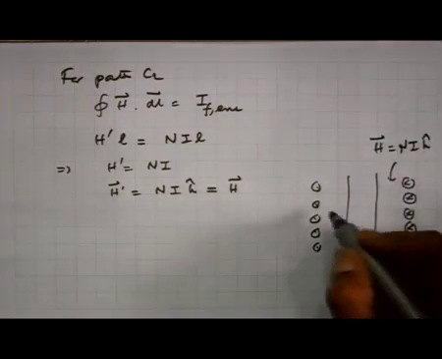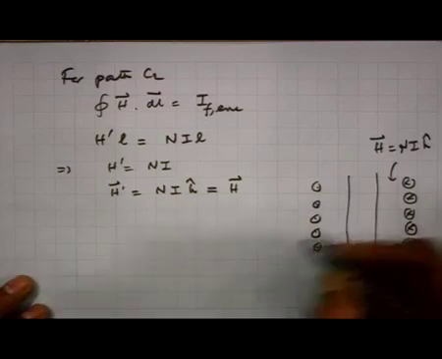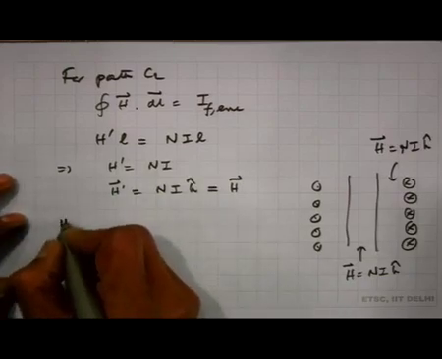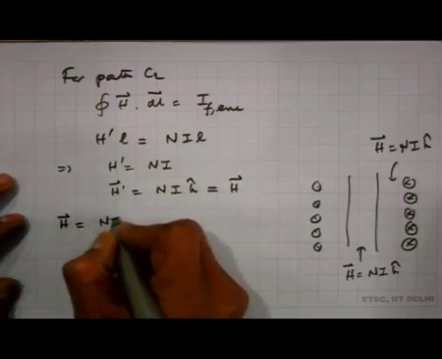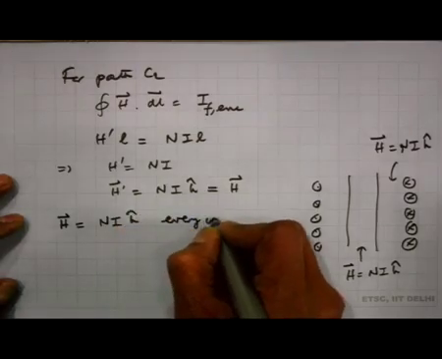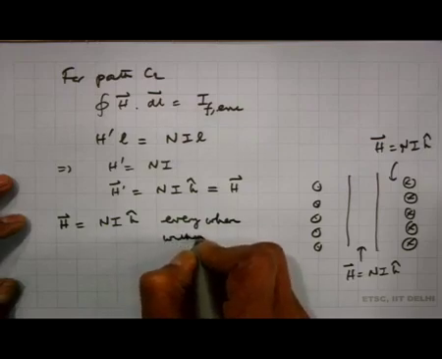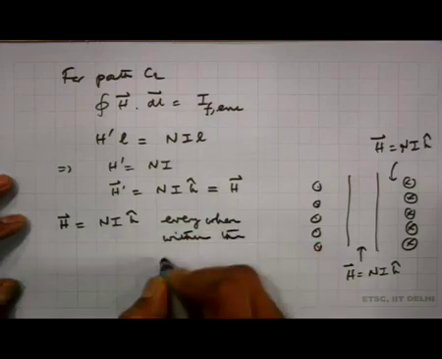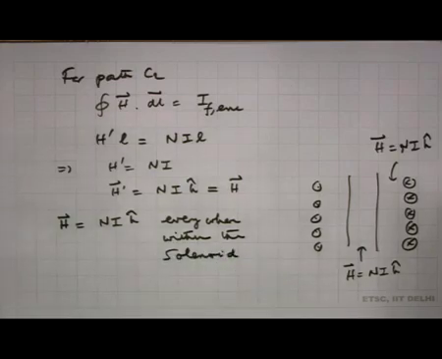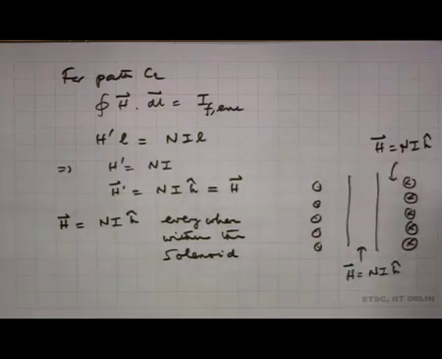So, H is the same throughout the region within the solenoid, and of course, H is 0 outside. So, the H vector is equal to N I k everywhere within the solenoid. The H vector here, here, everywhere is the same within the solenoid; outside the solenoid the H vector is 0.